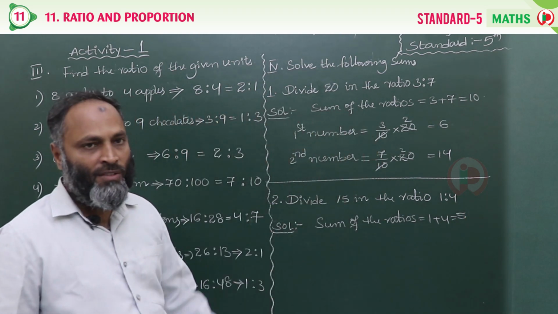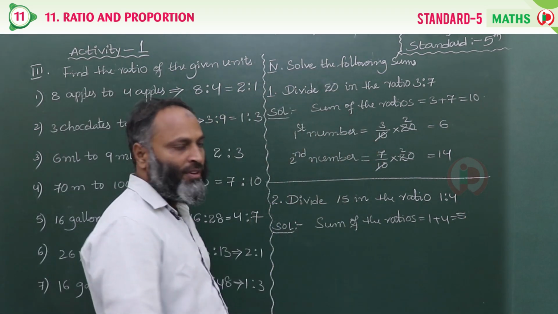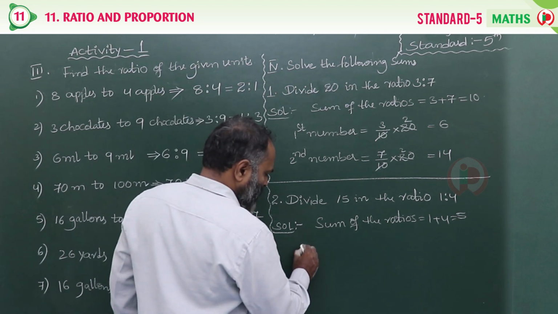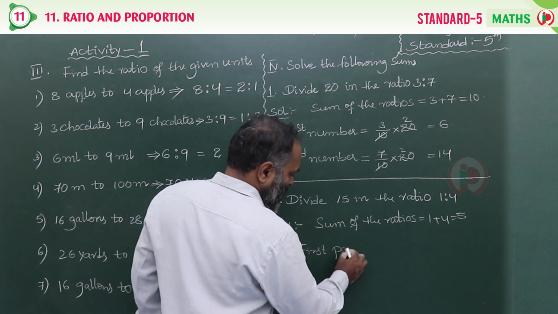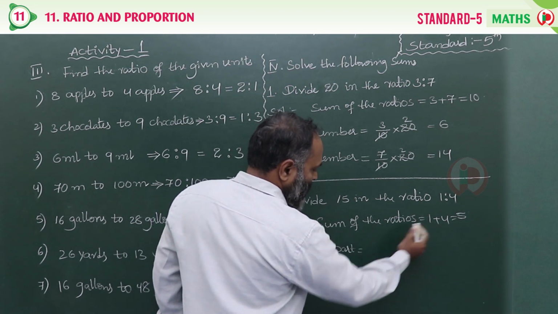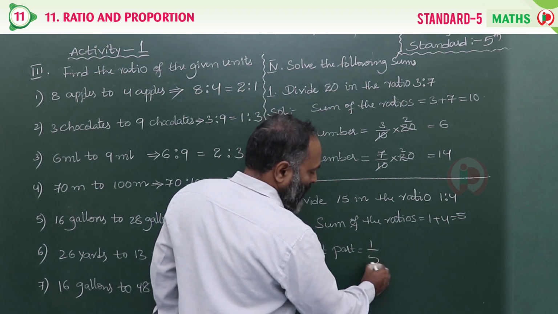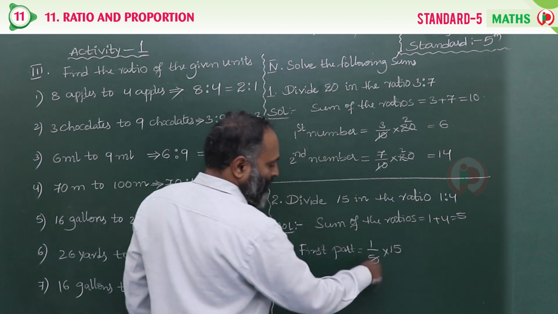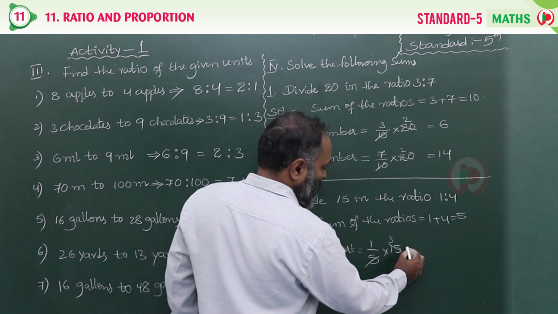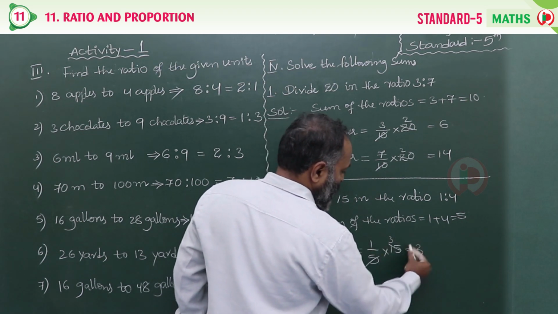First part of 15: how to find the first part? That is the first ratio divided by the sum of the ratios, into 15, the total number. 5 3s are 15, 1 3 is 3.